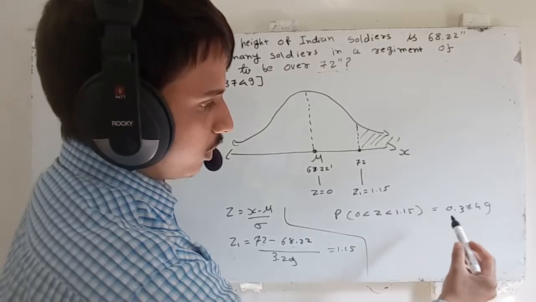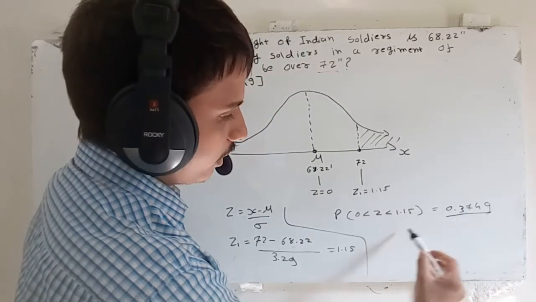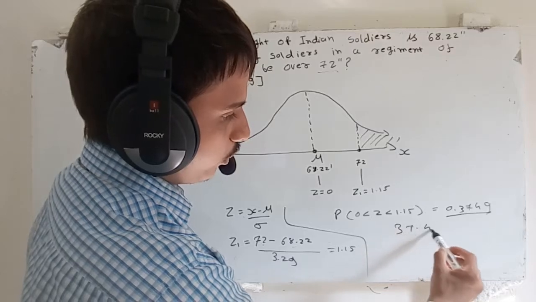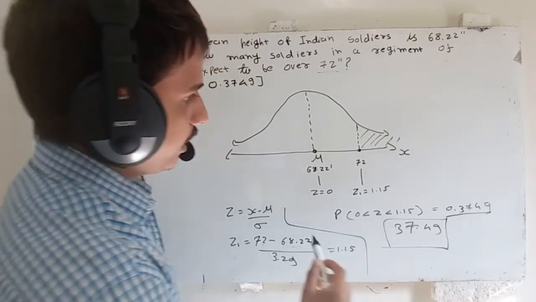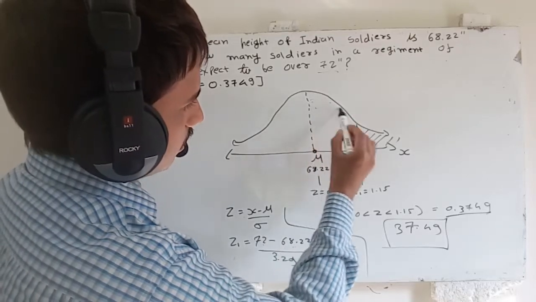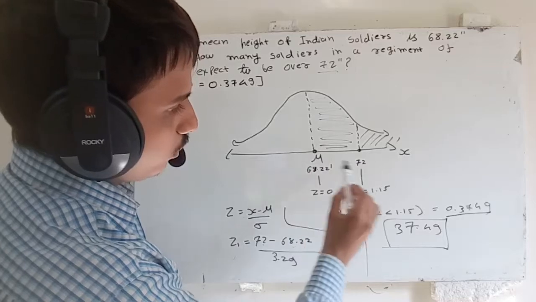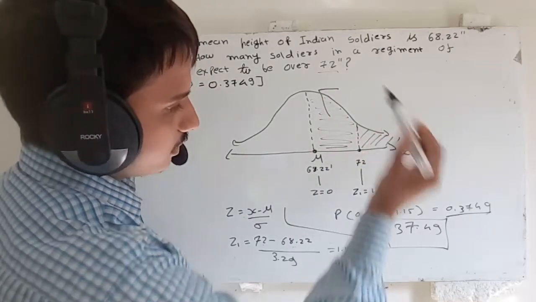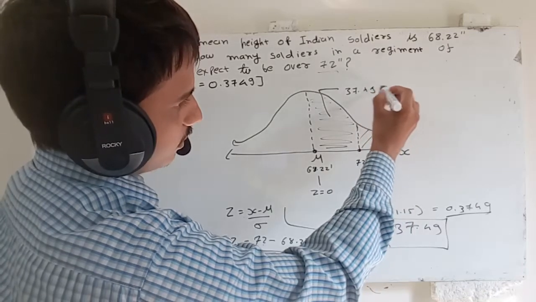So if you want to represent this value in percentage, you have to multiply by 100. So it is 37.49. Now this percentage represents this area between mean value to 72. So this area is 37.49%.